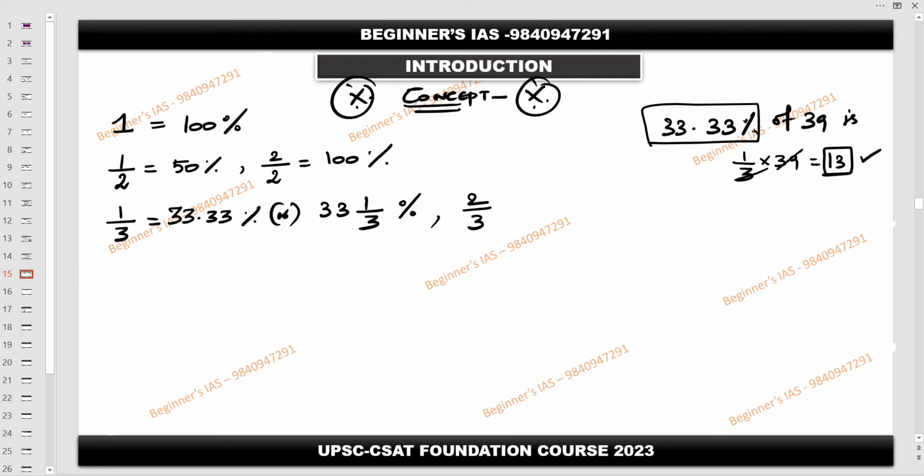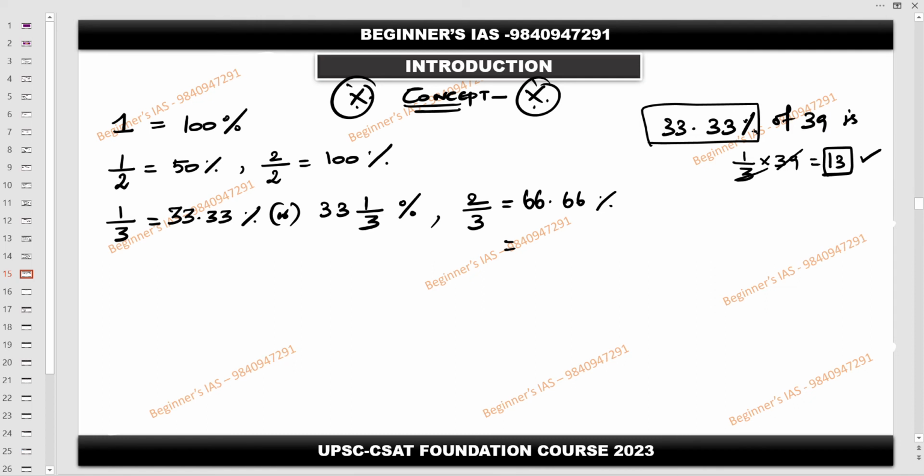Always remember the first things: 1 by 2, 1 by 3, 1 by 4, 1 by 5, 1 by 6. If you remember these now, it is easy for the next consecutive ones. So 2 by 3: I know the value of 1 by 3, that is 33.33. Then 2 by 3 is simply 2 multiplied by that value, therefore 66.66 percentage.